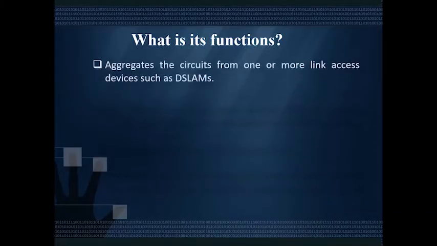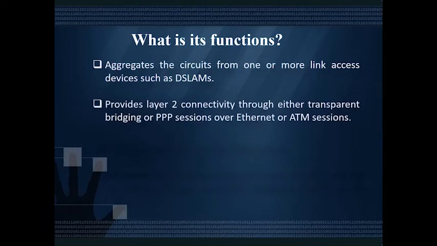Okay, then we need to know what its functions are. It aggregates the circuits from one or more link access devices such as DSLAMs. It provides layer 2 connectivity through either transparent bridging or PPP sessions over Ethernet or ATM sessions.